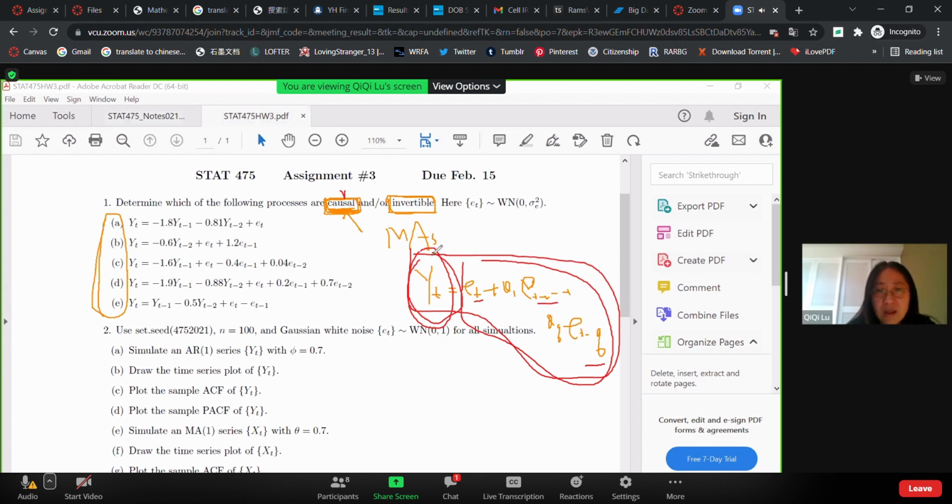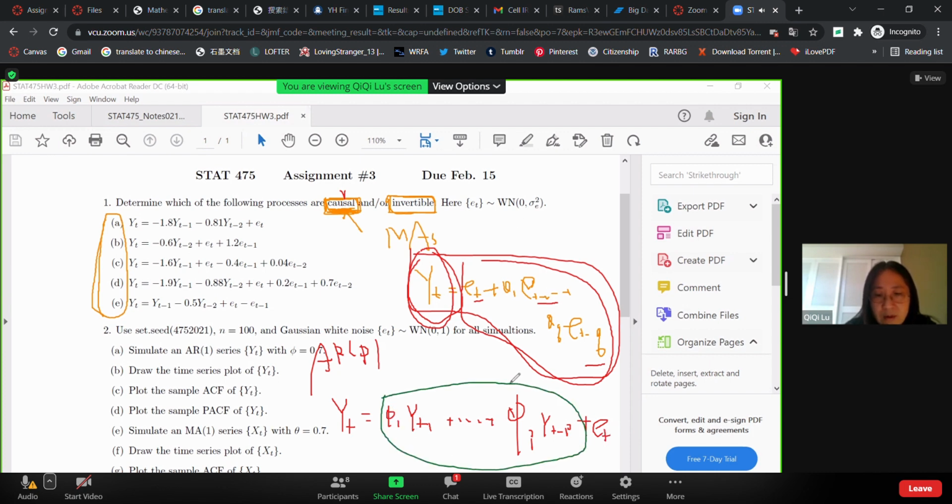Next, the AR model: Y_t equals phi_1 Y_{t-1} plus ... plus phi_p Y_{t-p} plus epsilon_t, right? If you move everything to the left-hand side, you have Y_t minus everything else equals epsilon_t.